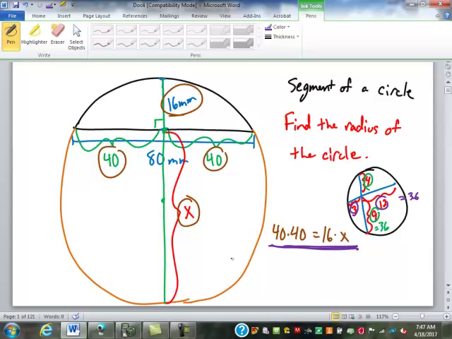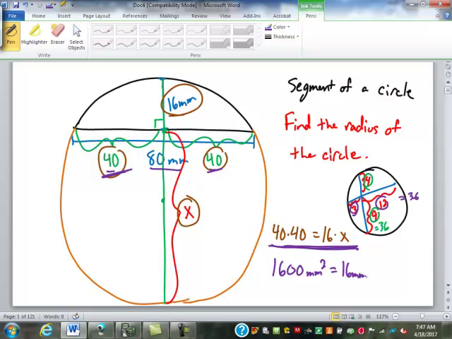So even though that chord is only 80 millimeters, that equation just is... Yep. That 80 is cut in half. So that's 1600. No, it's actually 1600 square millimeters. Yeah, 40 times 40 is 1600. The units there would be millimeters squared.